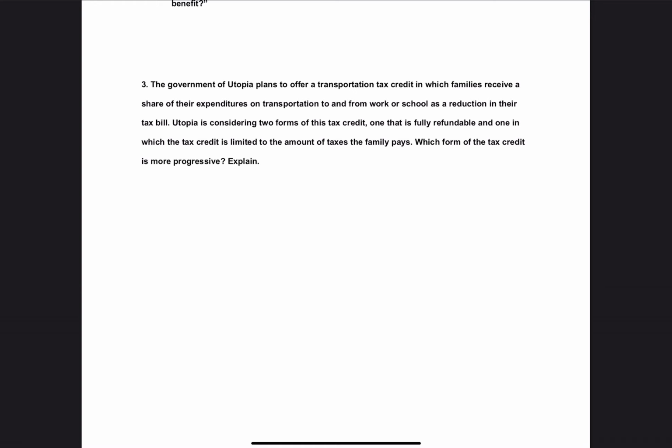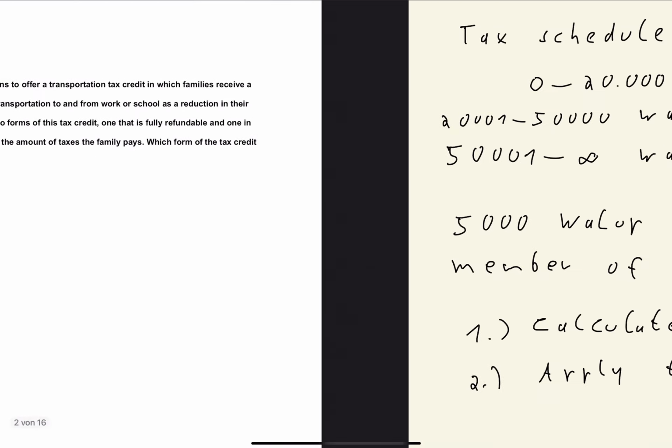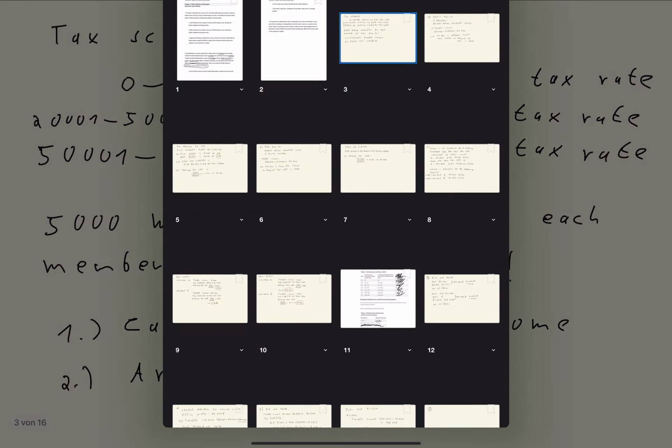You can fully refund these expenditures independent of how many income taxes you paid. The other system would be a restriction to the total amount of tax that you paid. So now the question is, which form of those two tax credits is more progressive? Then let's go to the last page.